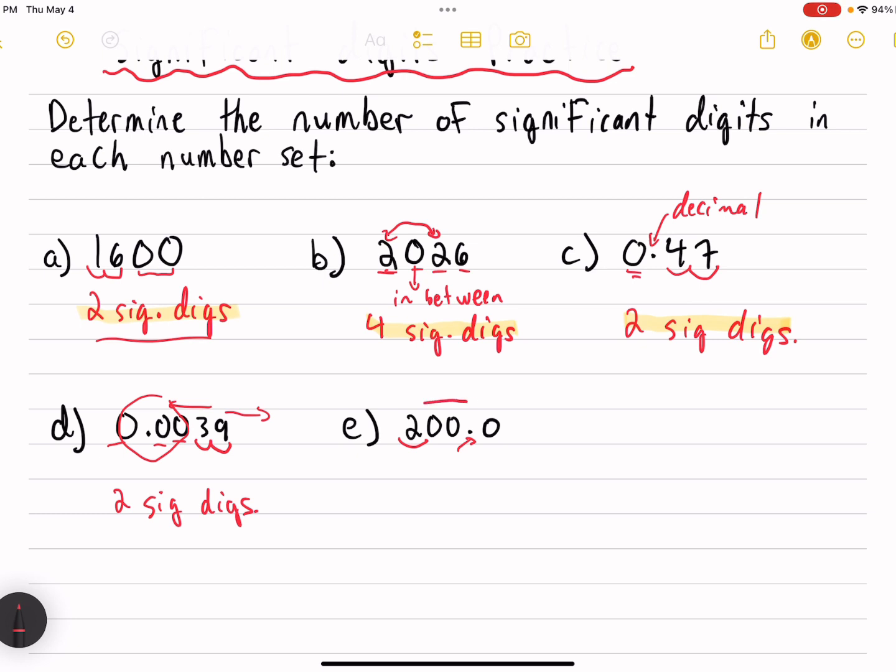Well, since these zeros are to the right, and it is a decimal number, then they are considered significant. So remember, any zero that is to the right of the final digit in a decimal number is going to be considered significant. And so this has 1, 2, 3, and 4 significant digits.